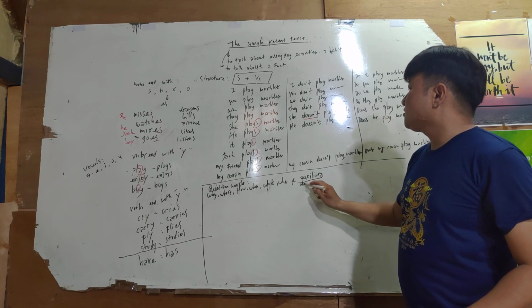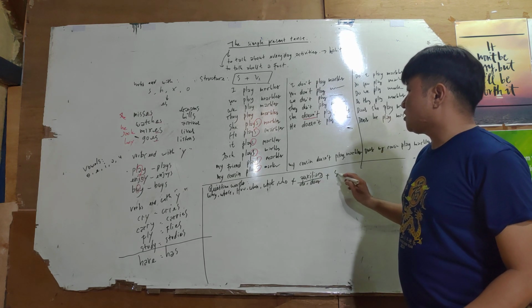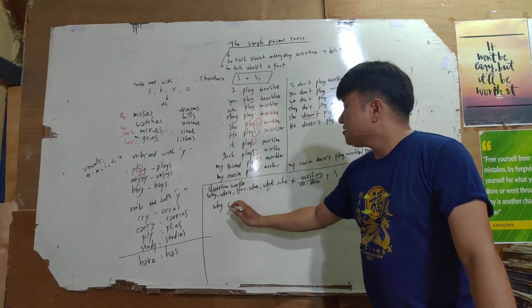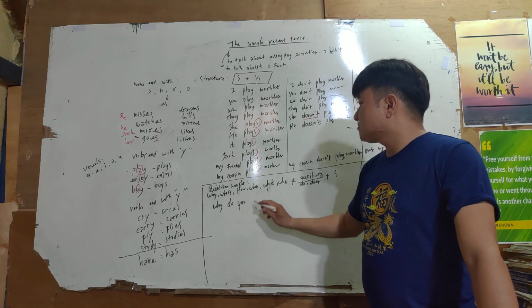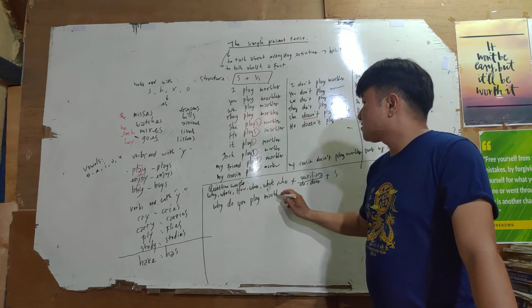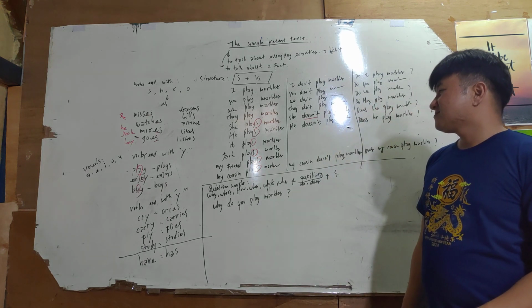The auxiliary is do and does, okay? Then add the subject. For example, why do you play marbles? Why do you play marbles?